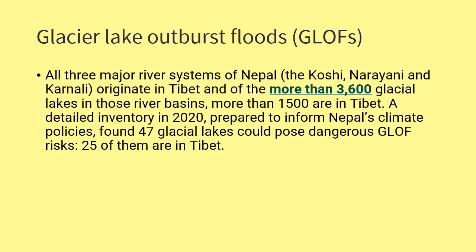A detailed inventory was prepared in 2020, and Nepal's climate policies declared that 47 glacial lakes could pose a dangerous glacial lake flood risk. So Nepal, Bhutan and all the Indian states in the northeastern and northwestern mountain ranges have a risk of glacial flood.